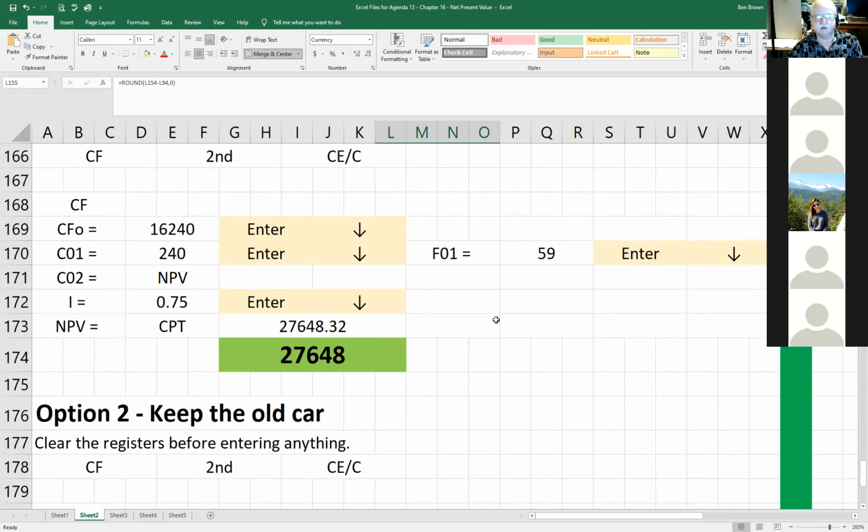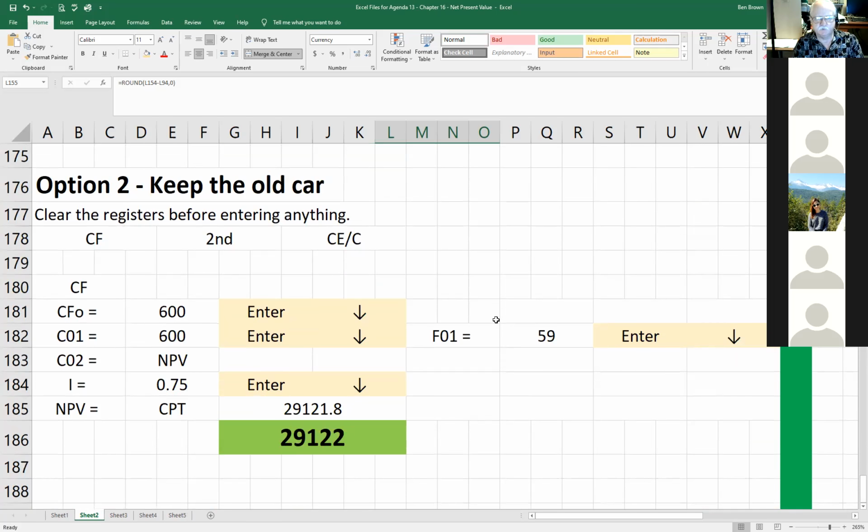Let's do the same calculation for keeping the old car. But clear the registers first. CF, second, clear. So CF, and our first expense is 600, but I've left it as positive. Enter down. And then we're still paying 600 every month. So enter down.